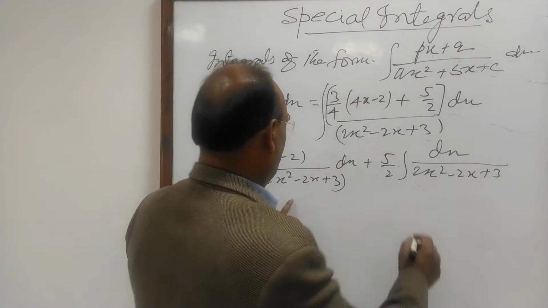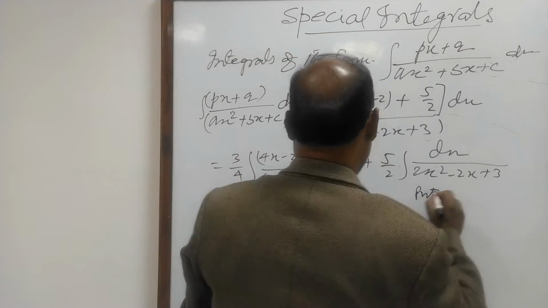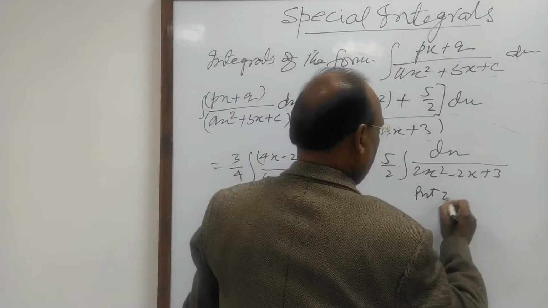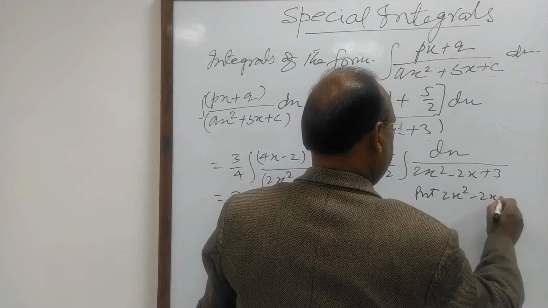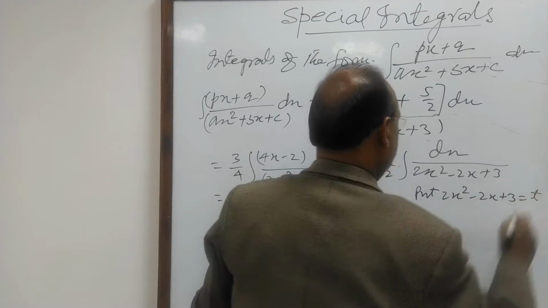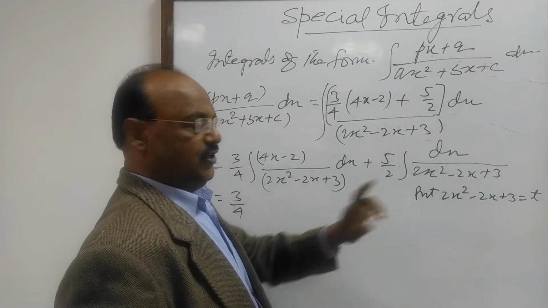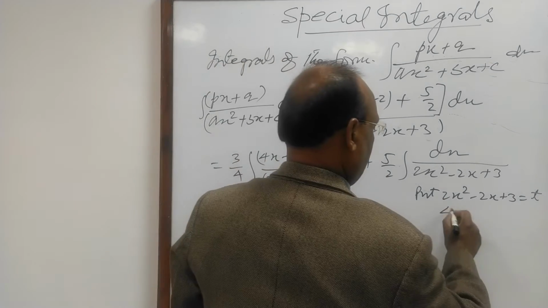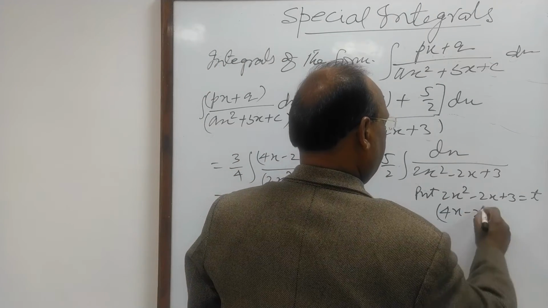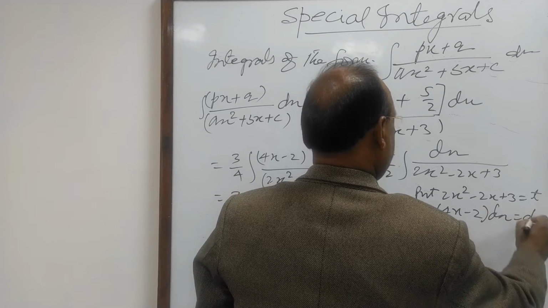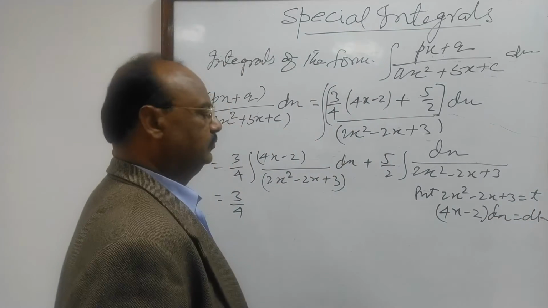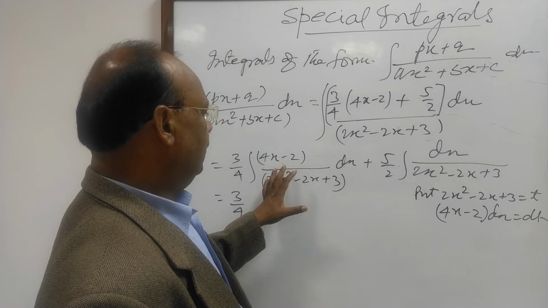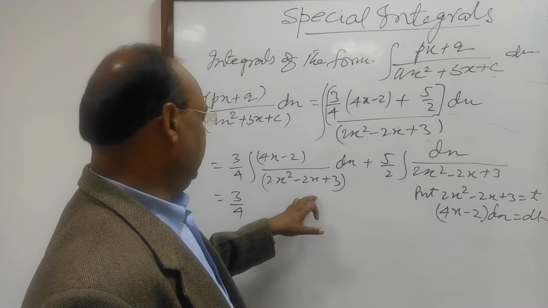See, if you put here in the first term 2x square minus 2x plus 3 is equal to t, then by differentiating both sides we can write (4x minus 2) dx is equal to dt. So this is in the form of dt by t.